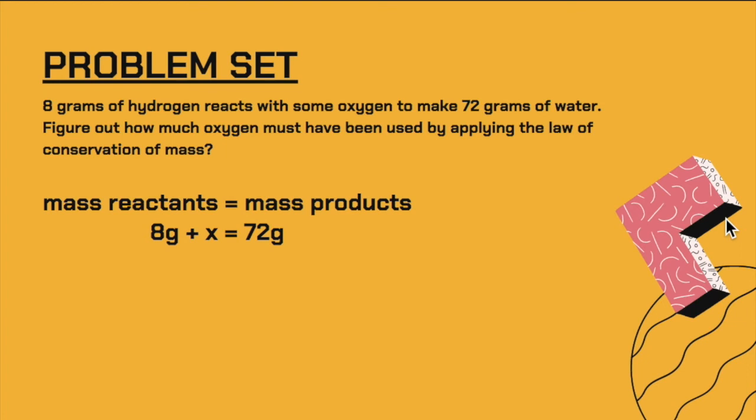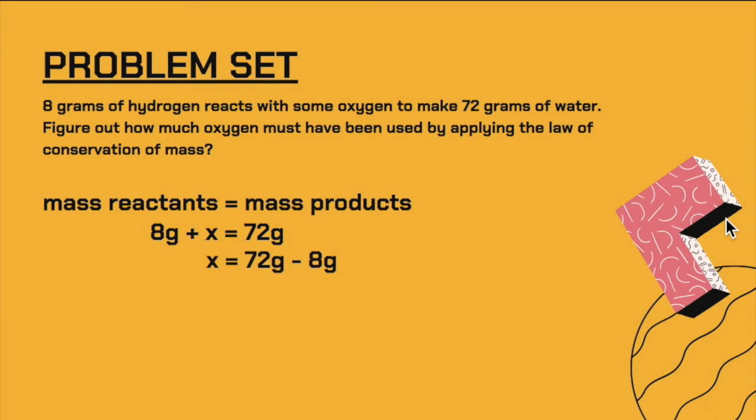So for this problem, we write 8 grams, the mass of hydrogen given by the problem, plus X, the mass of oxygen needed, equals 72 grams of water, as provided by our problem. And we try to solve for X.